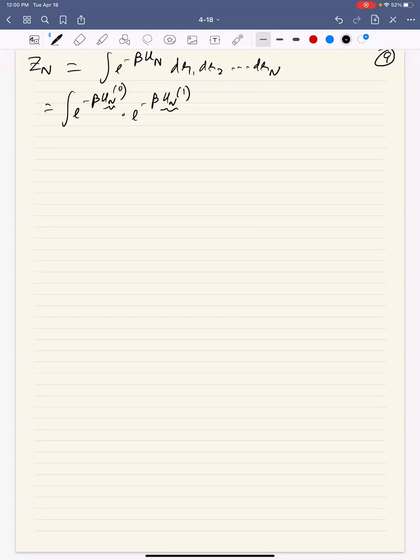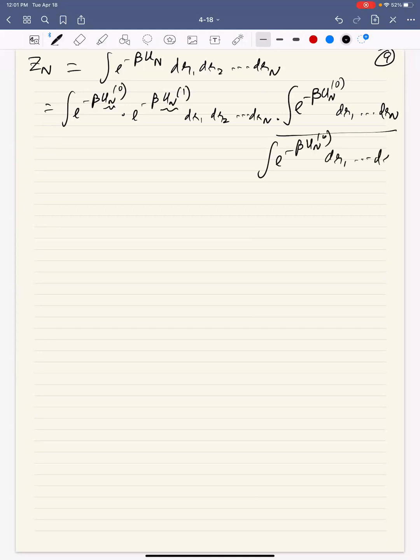Both are there, dr1, dr2, ..., drN, and then we multiply and divide by the integral of e to the power minus beta U_N0 dr1, ..., drN.